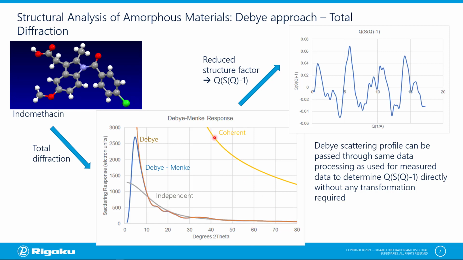And we'll also get the coherent scattering cross-section as well. Now, QS of Q minus 1 is easily determined from these calculations by taking either the Debye or the Debye-Menke response, subtracting the independent coherent cross-section, and then dividing through by the coherent cross-section. This will give you QS of Q minus 1 in molar units.